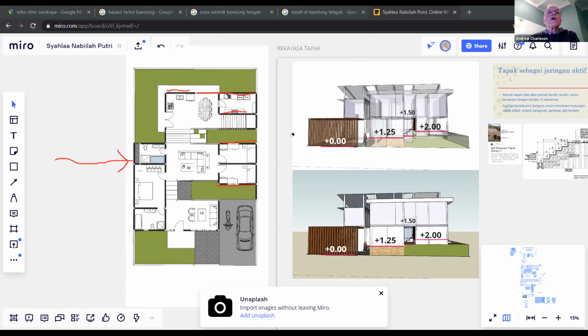So I'm going to draw. So at the moment, your building, for earthquake in the X direction, you've got walls here, here, and here, but you haven't got any walls at the front, have you? Yeah, not yet.